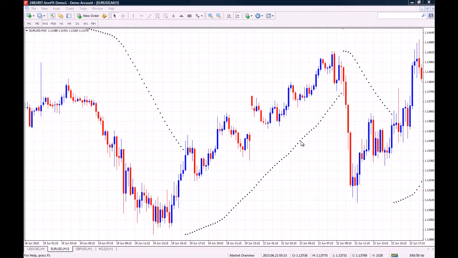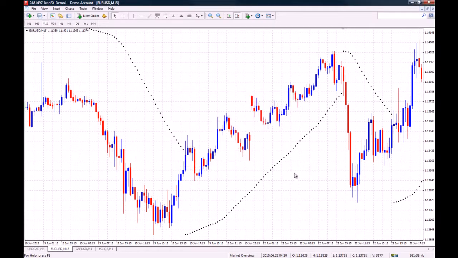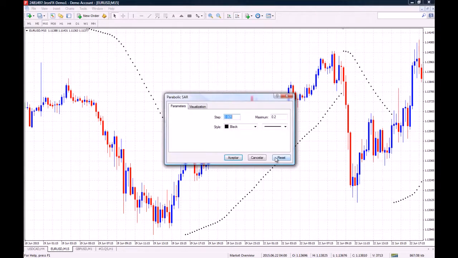And well, let me show you first of all the parameters that we are going to use to trade this strategy. We are going to use a 0.005 step and a maximum of 0.2. This will give you a parabolic SAR that looks like this. Now let me show you.